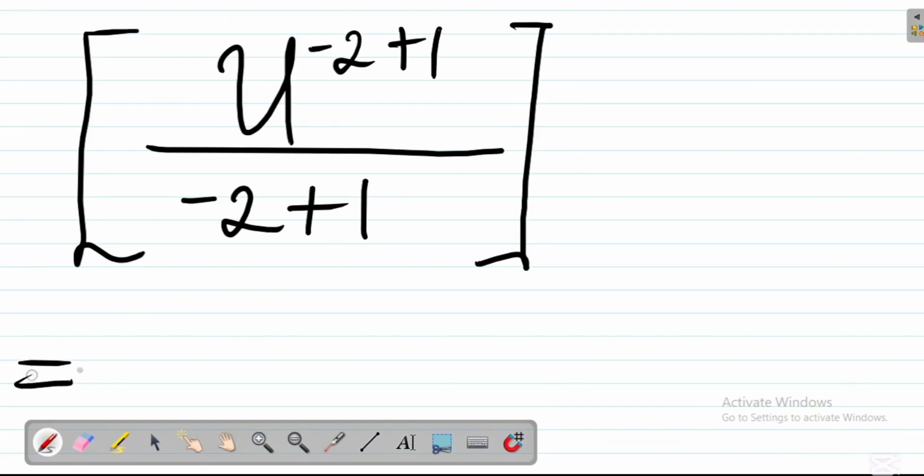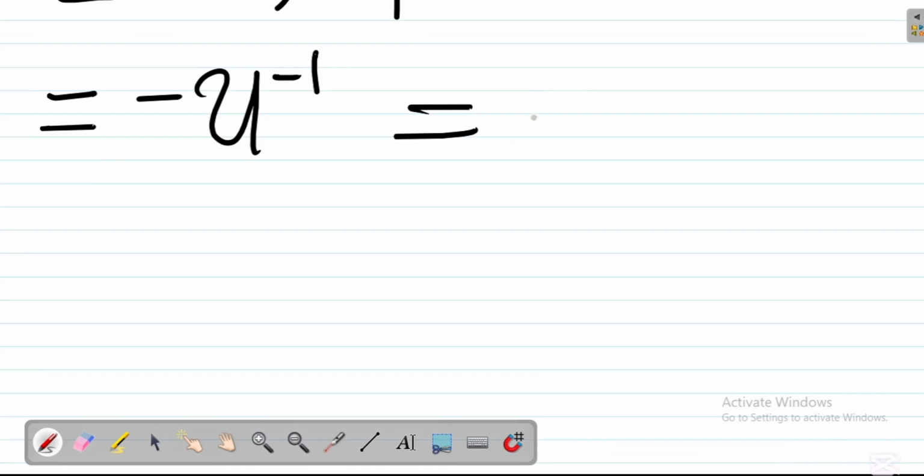So this gives us u raised to the power negative 1 all over negative 1. So here we have negative u raised to the power negative 1. This can also be written as negative 1 all over u.